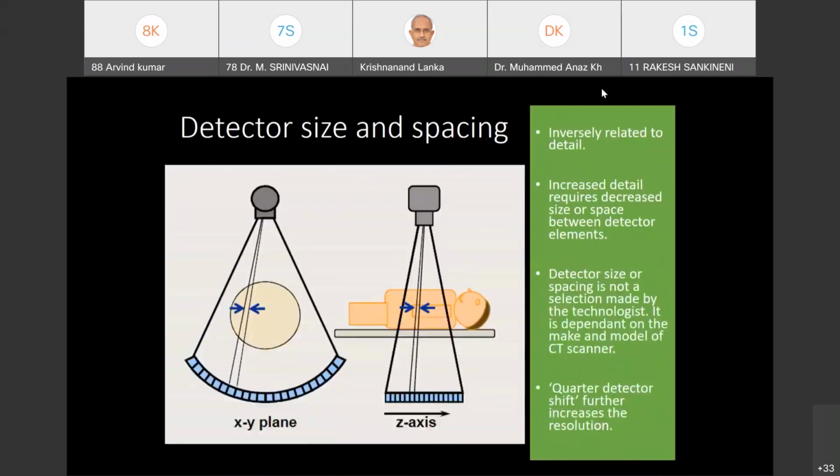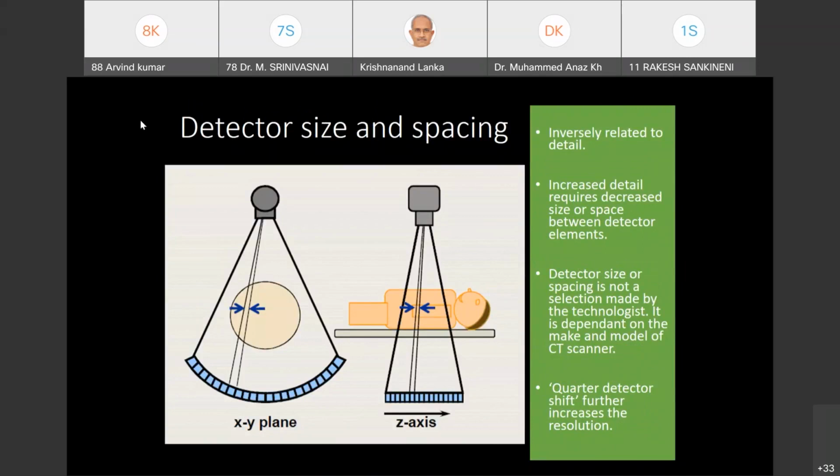You can also consider detector size and spacing, in the z-axis and in the xy plane.